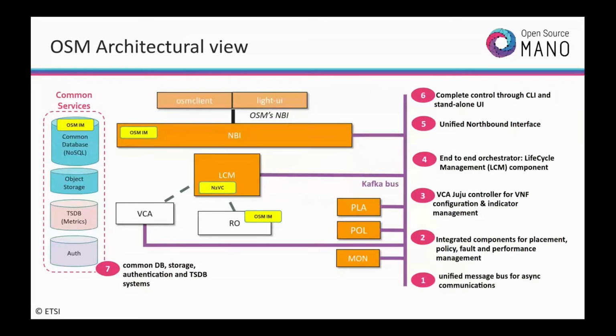And basically it acts like the Juju client, and the VCA is the Juju controller. Right, but what specific? Oh, there it is. VNF configuration and abstraction. Thank you, Gia. I could not remember what VCA itself stood for, but this area here.